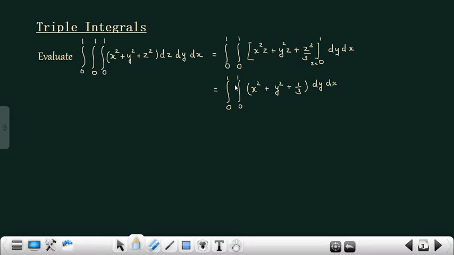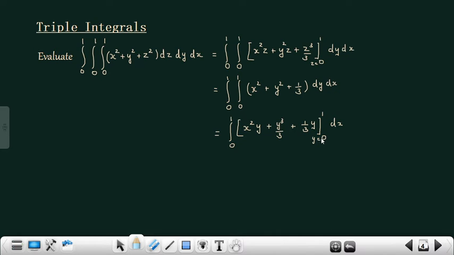Now we integrate the inner integral again with respect to y. Here x is treated as a constant. After integrating, we get x squared y plus y cubed by 3 plus 1 by 3 into y, where y varies between the limits 0 and 1.